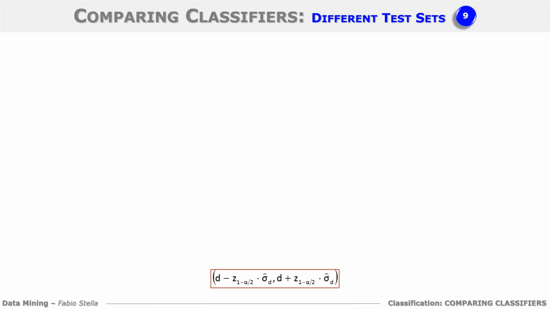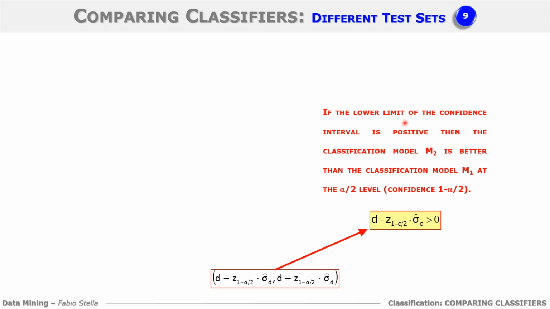In the third and last case, we have that the following inequality holds. Then, if the lower limit of the confidence interval is positive, then the classification model M2 is better than the classification model M1 at the alpha divided by 2 level, or with confidence equal to 1 minus alpha divided by 2.